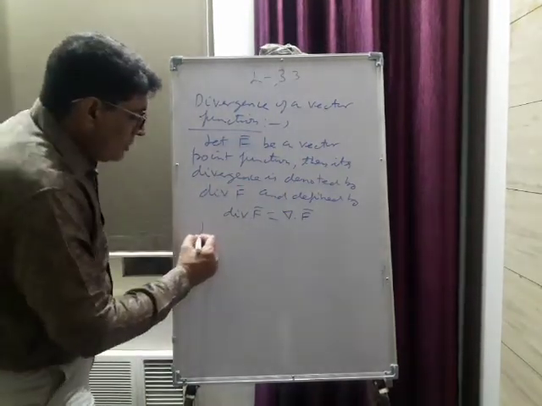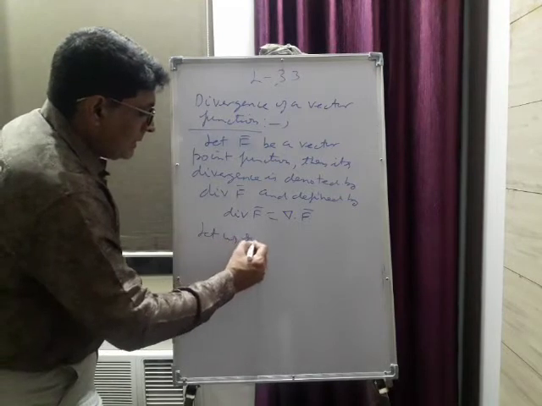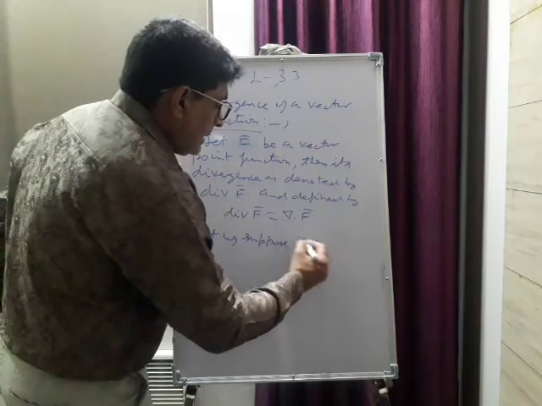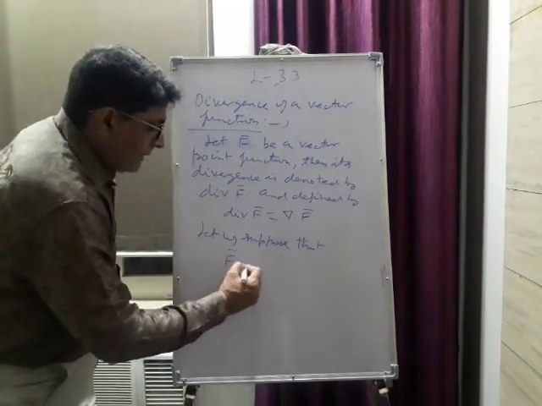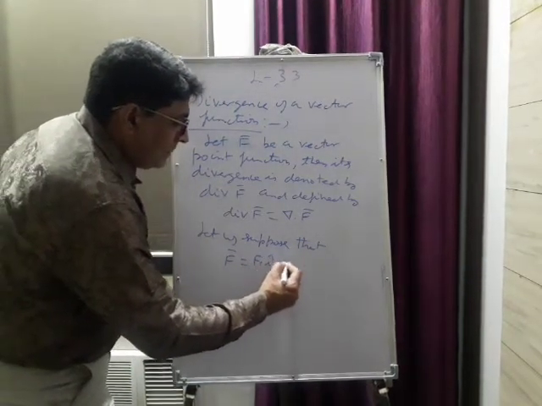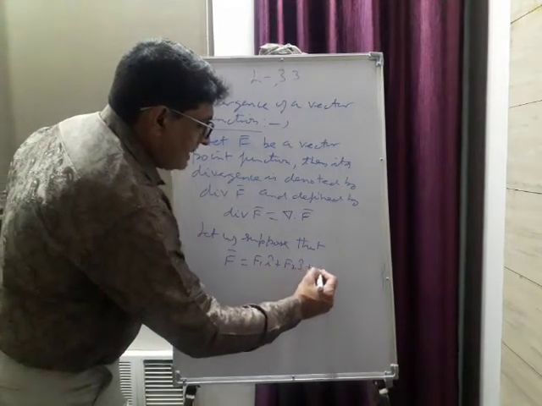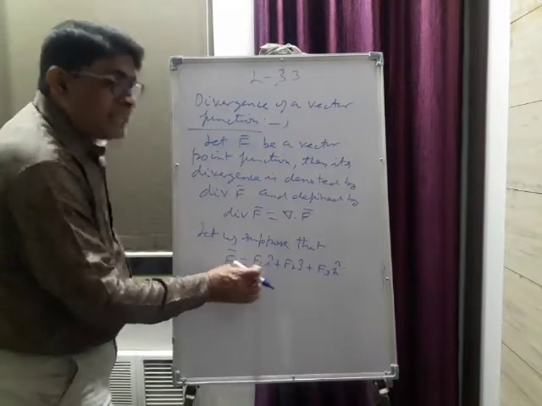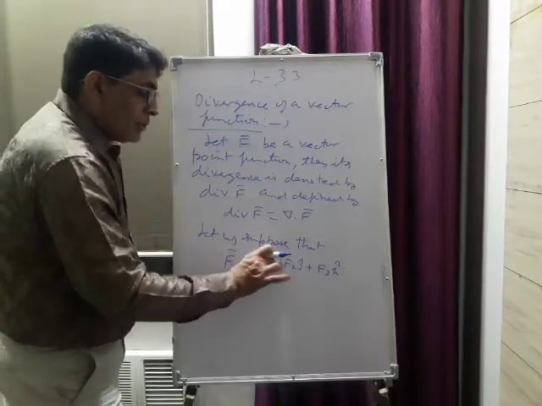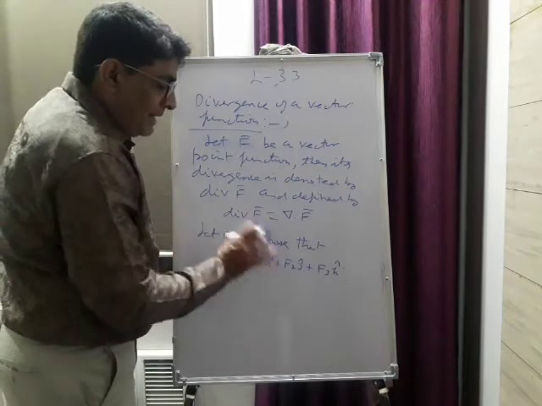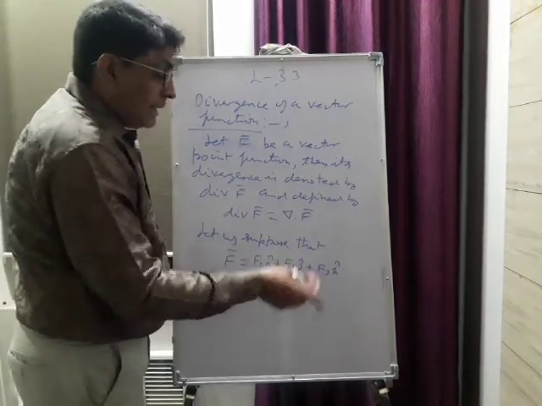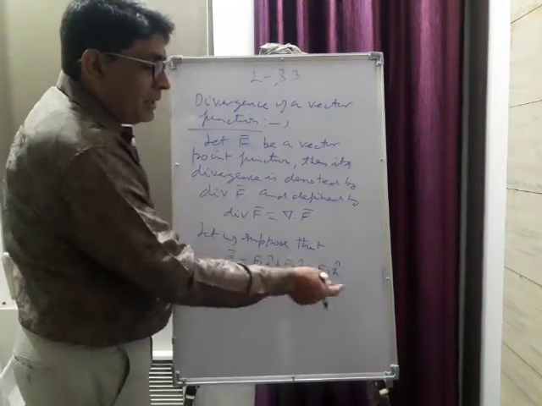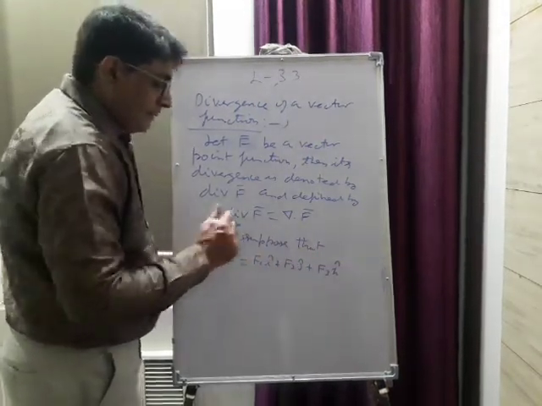So let us suppose that f becomes f1 i cap plus f2 j cap plus f3 k cap, where f1 is the component along unit vector i, f2 is the component along unit vector j, and f3 is the component along unit vector k.